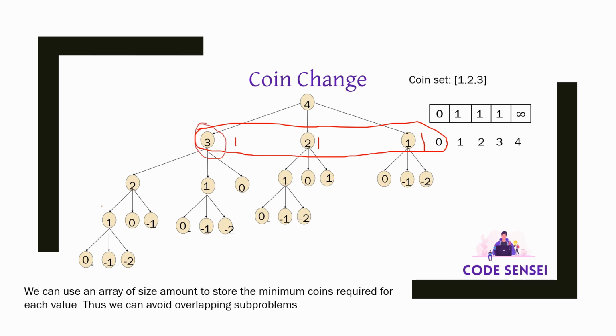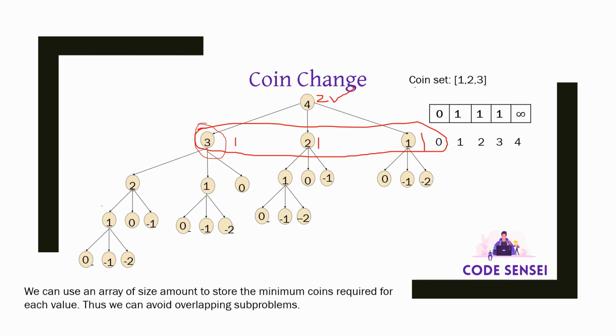So the minimum of these three values is 1, right? So to obtain the sum 4, we have to add 1 to the minimum of these values, which will make up to 1 plus 1, which is 2, which will be the final answer.